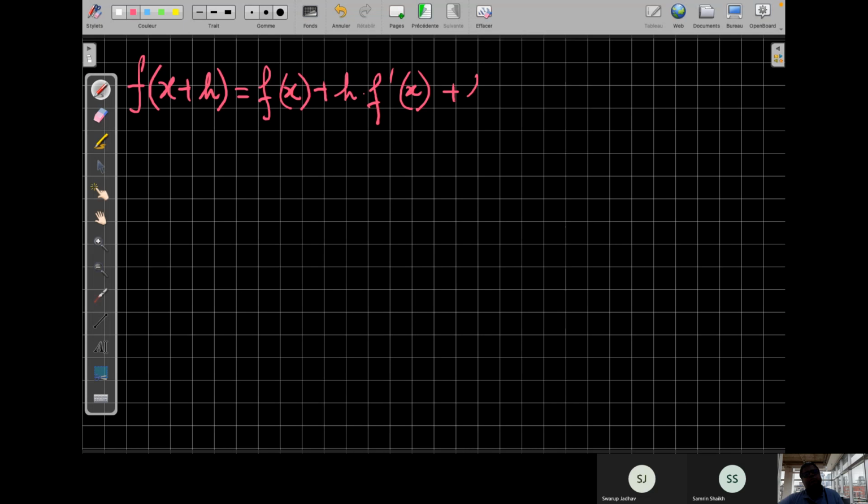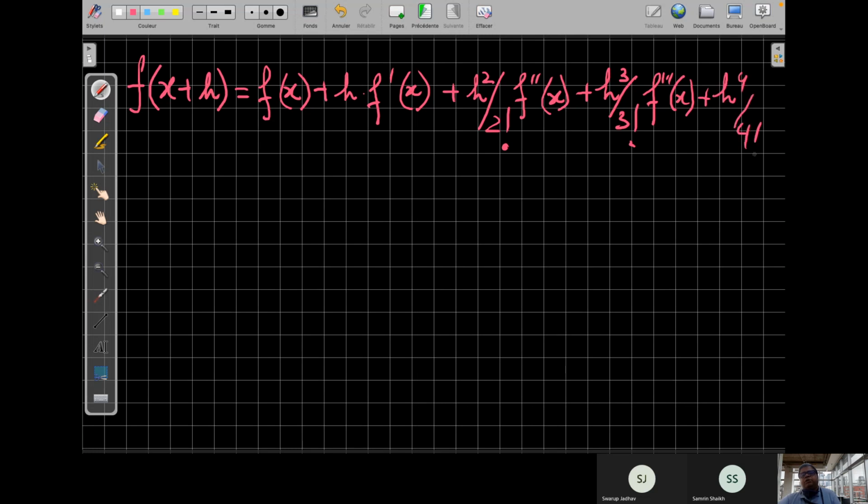Then h square by 2 factorial into f double prime of x, plus h cube by 3 factorial, then f triple prime. And please also let me write h to the power 4 over 4 factorial, the fourth derivative of x, because I need to do something additional. This will go up to infinity.